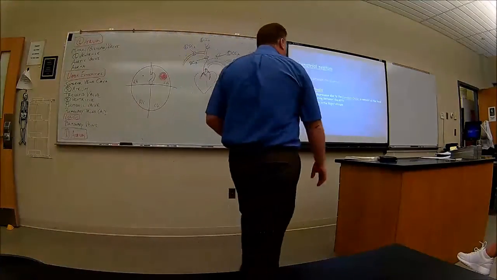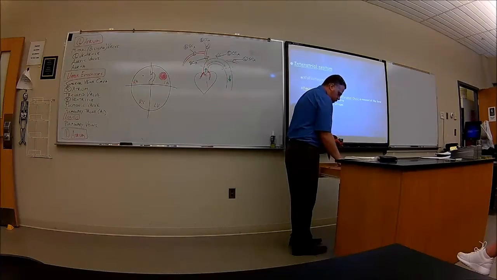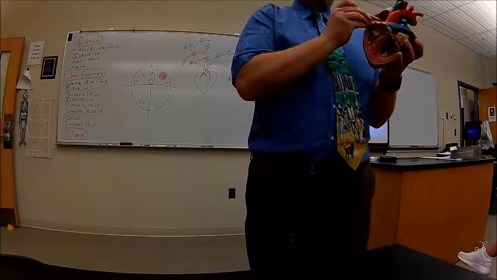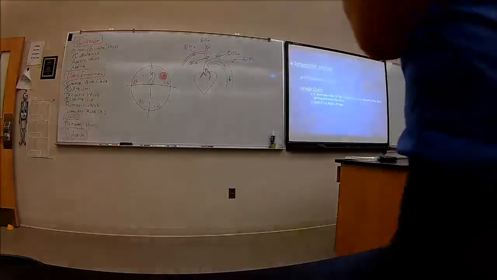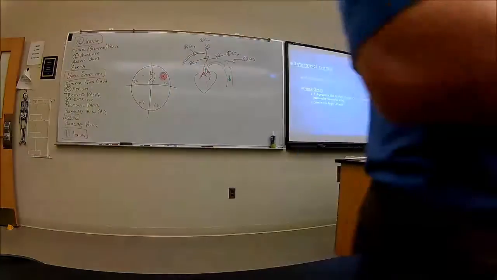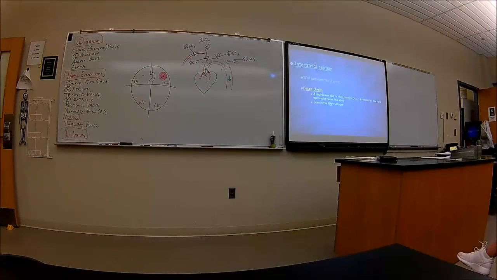And you'll be able to see this in the heart. Alright, where my pointer is. That little depression. The pointer is in the right atrium, and you can see that depression there. That's the fossa ovalis. Okay, right there.